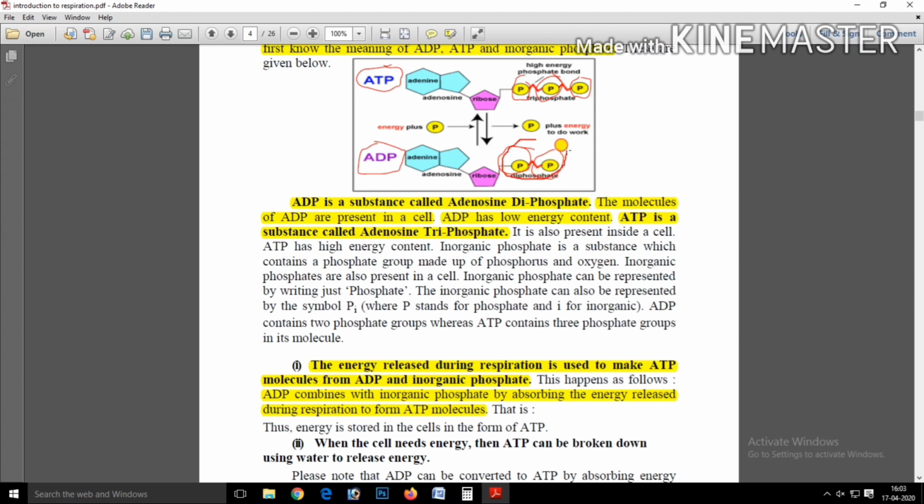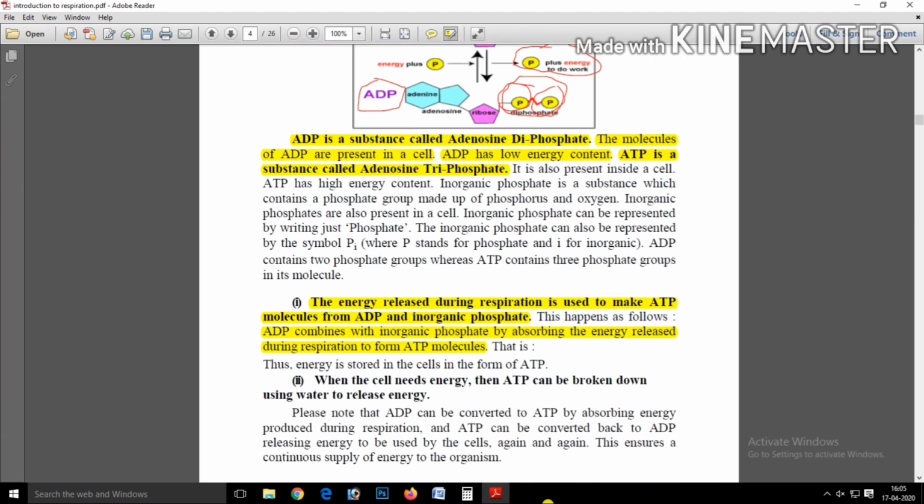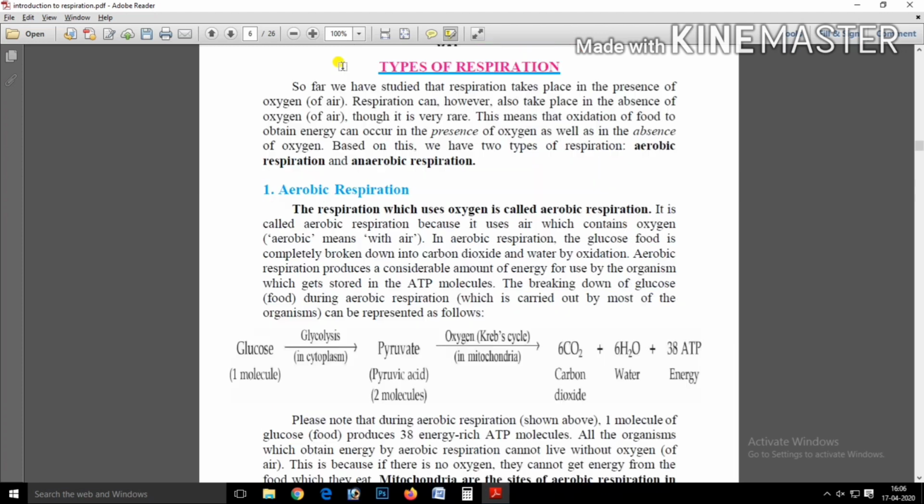You can see here two phosphate groups of adenosine diphosphate combine with another phosphate group and turn into adenosine triphosphate, and ATP is a higher energy molecule. Remember, ADP can be converted into ATP by absorbing energy, and in the opposite way, ATP can also be converted back into ADP when the cell needs energy, and this ensures a continuous supply of energy to the organism.